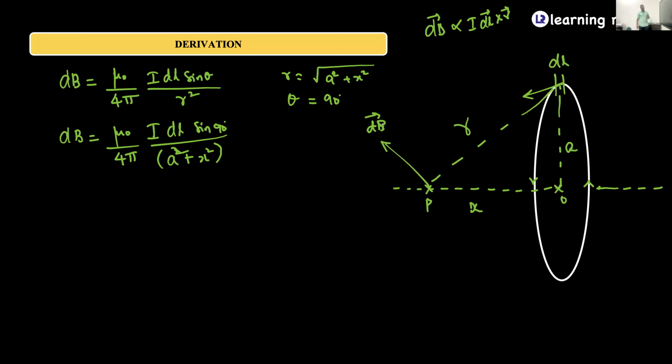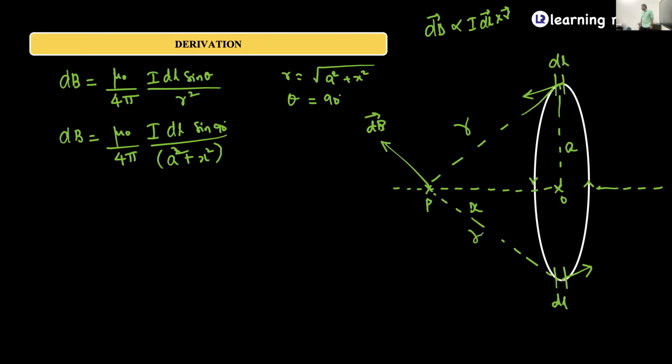Now I will take another dL vector exactly symmetric at the bottom. Since the current is in anti-clockwise direction, if this tangent is in this direction, what will be the direction of the tangent at the bottom? And from this point, I am joining it to this.